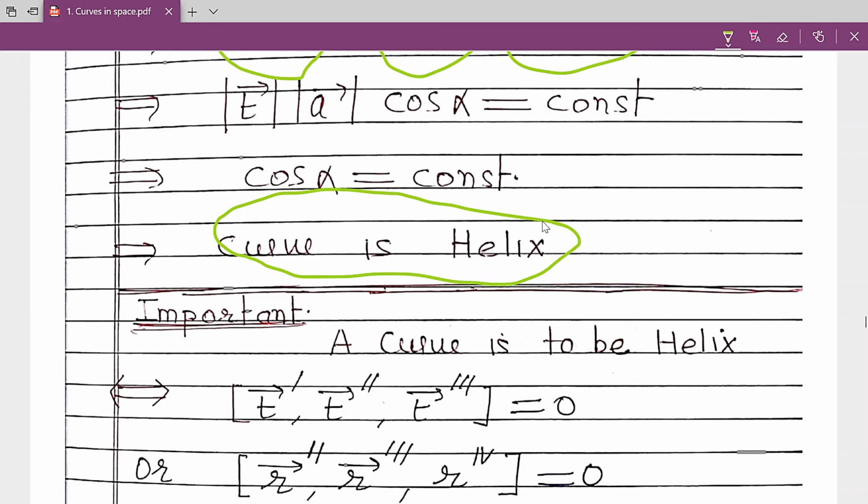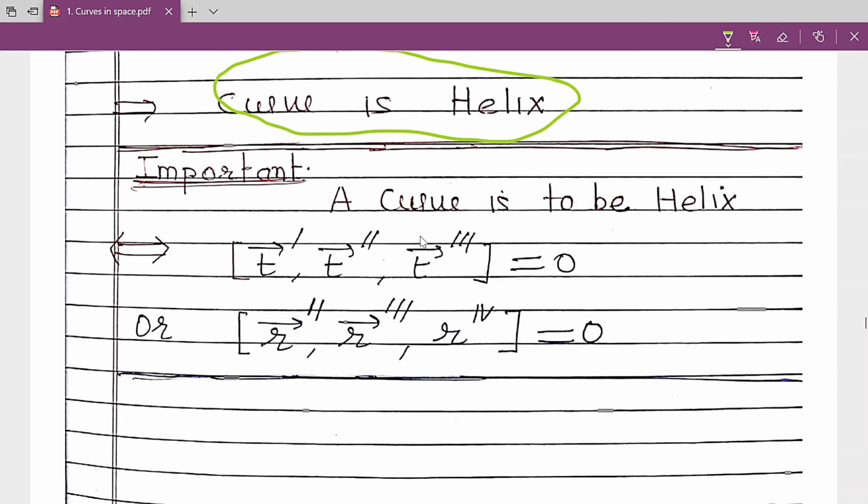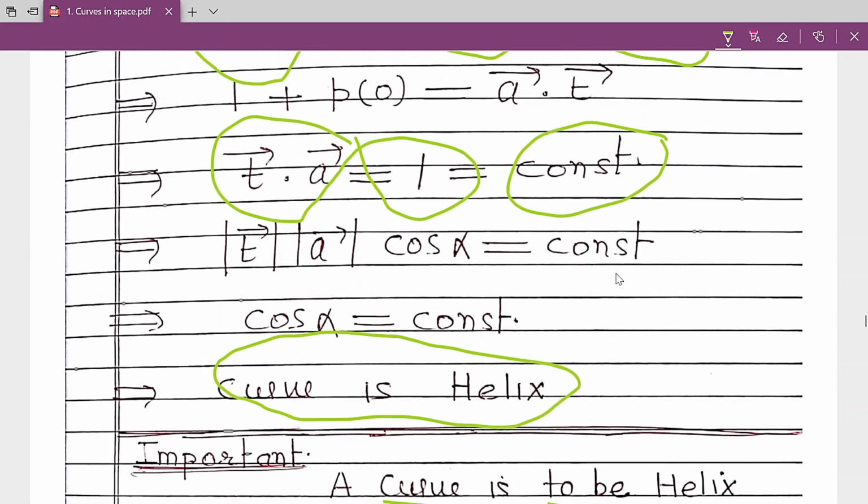If the ratio is constant, then the curve is a helix. Now, the curve is a helix if and only if this scalar triple product, t dash, t double dash, t triple dash, is equal to 0, because kappa by tau is a constant.